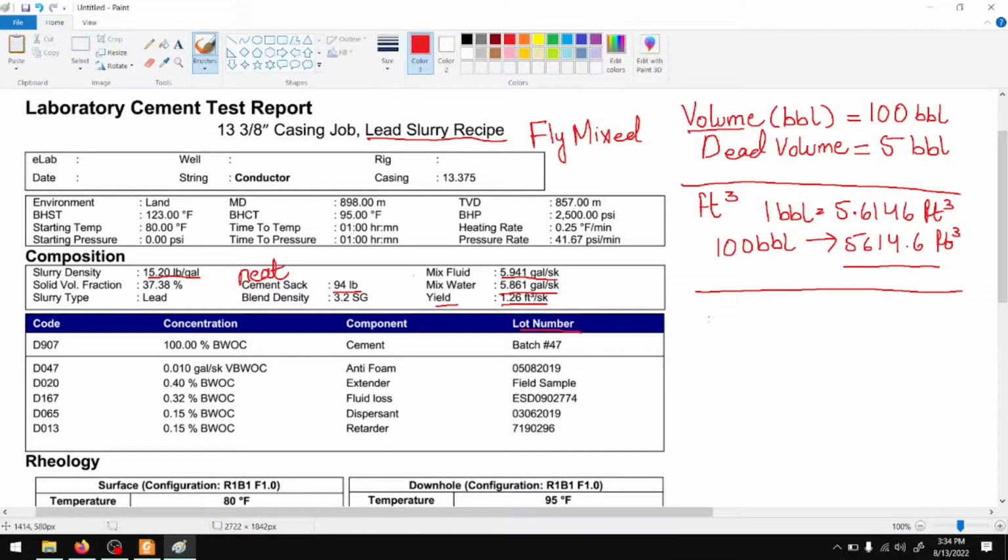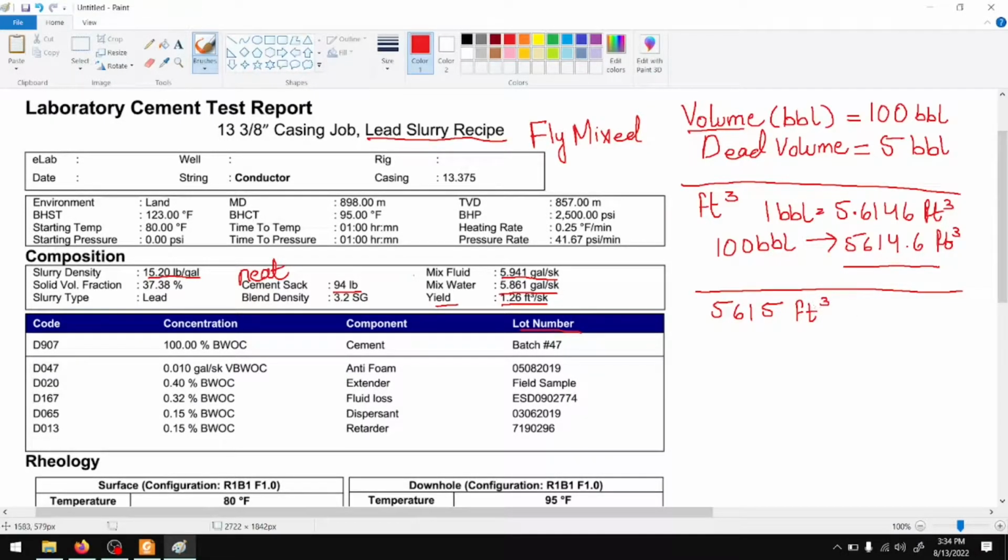So let's calculate the amount of cement that we would need. We have our volume, which is 5615 cubic feet, rounded off.